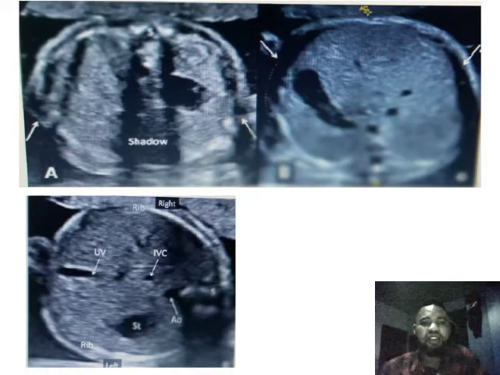These are the three images of abdominal circumference. The first one on the right is showing the rough abdominal circumference, which is not acceptable to measure if we want to get the accurate gestational age. You see the shadow, and before it, this is another incorrect abdominal circumference.